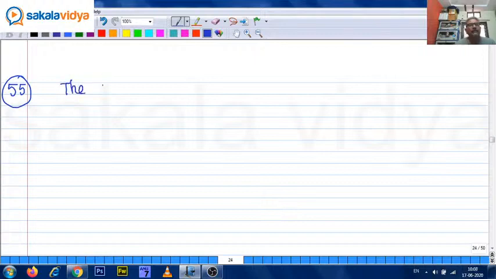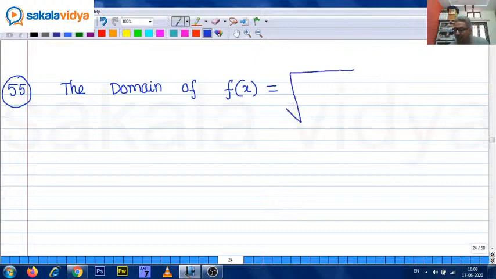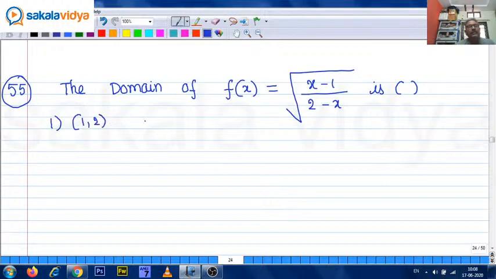The domain of f of x equals root over (x minus 1) upon (2 minus x) is: first option, open 1, 2 open.